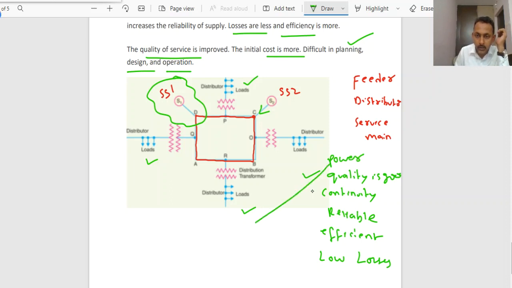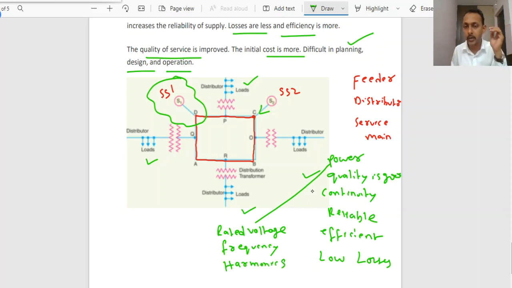Power quality means with respect to the voltage, rated voltage, frequency, harmonics. All these are different parameters which decide the quality of the power.